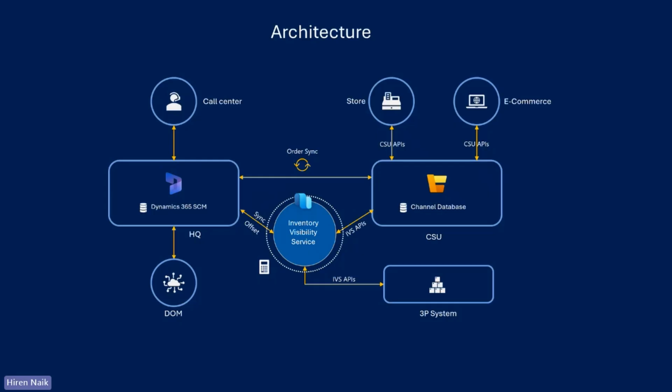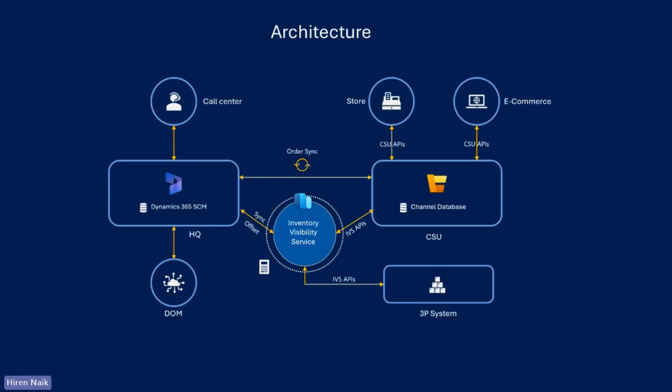It stores the inventory on-hand information from your headquarters or back office or Dynamics 365 SCM into an in-memory cache, and it provides a set of APIs to view or adjust the inventory from various first-party and third-party applications.